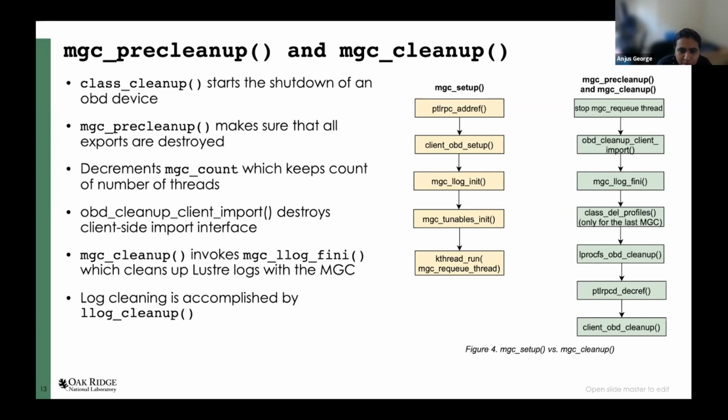So the OBD cleanup client import destroys a client-side import interface of the OBD device. Finally, MGC pre-cleanup invokes the MGC LLog fini function, which cleans up the Lustre logs associated with the MGC. And the log cleaning is accomplished by the function LLog cleanup.